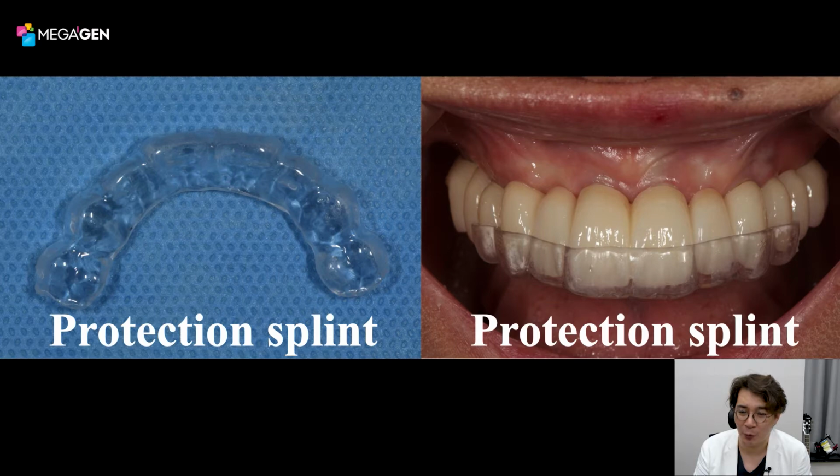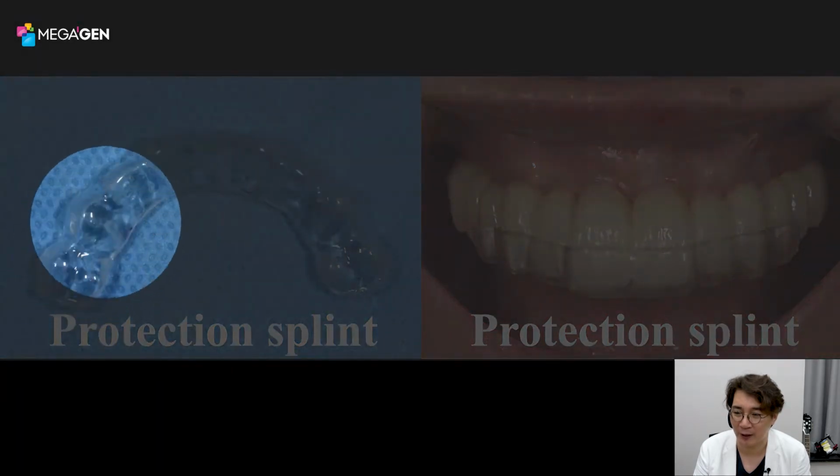So when you use the monolithic zirconia crown, you have to care about the patient's function and occlusal adjustment. In my case, when I use monolithic crowns on the upper and lower jaw, I always use a protection splint. One week later, I check the surface of the protection splint.